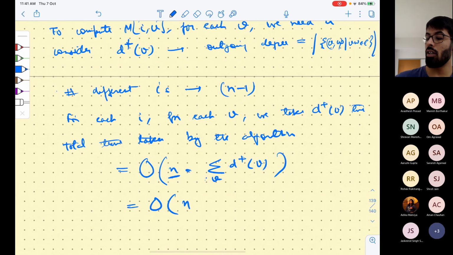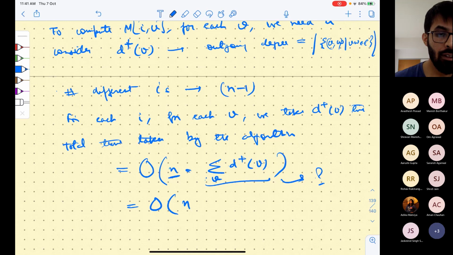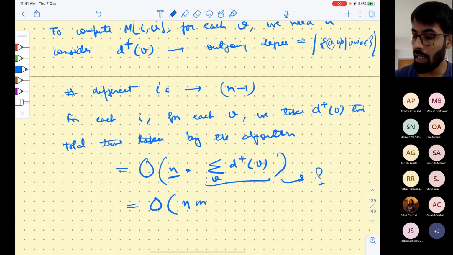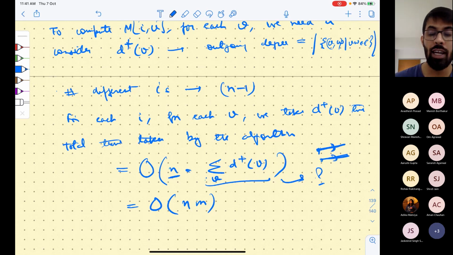And what is this number? M, exactly. Why? Because now you are counting all the edges, and every edge is counted exactly once here because it is outgoing for one vertex. So there is no double counting, which happens in the case of undirected graphs.